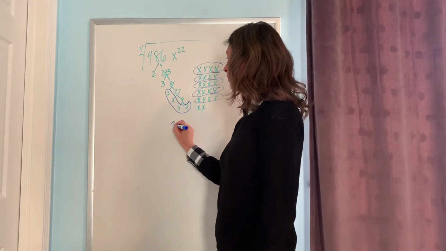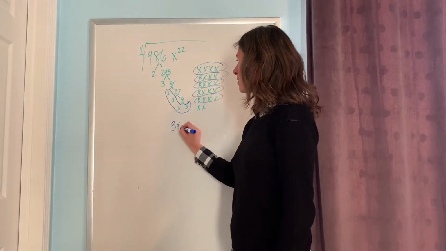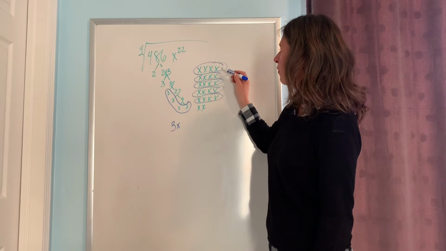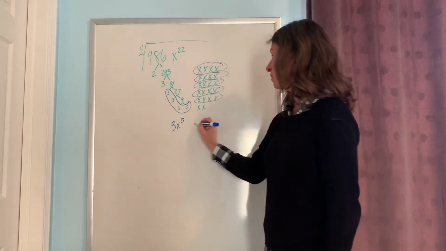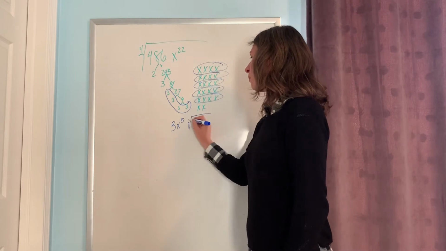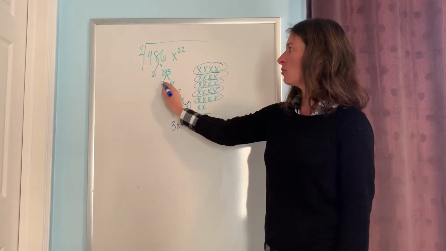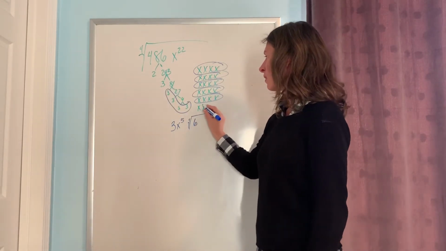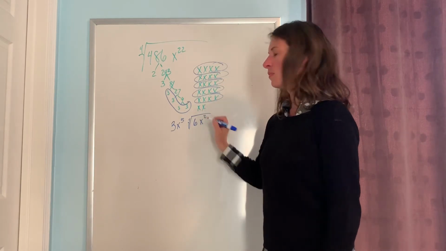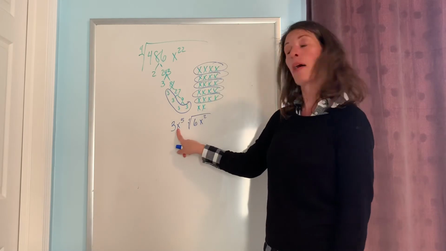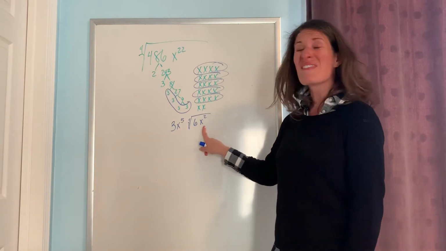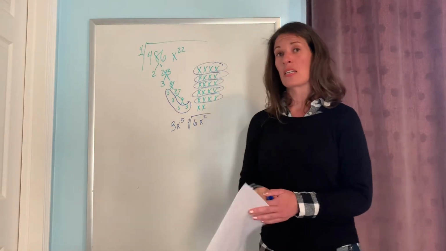I have 3 x to the 1, 2, 3, 4, 5, because I have 5 groups of x's. And then what's left in jail? 2 times 3 is 6. And I have 2 x's left over. So 6x squared. Whatever I've circled comes out of jail. Whatever I have not circled stays in jail.